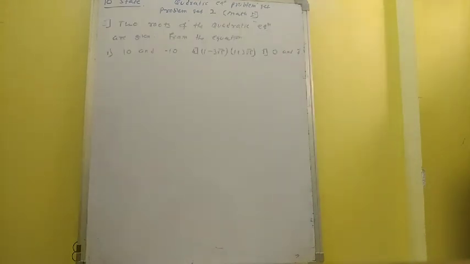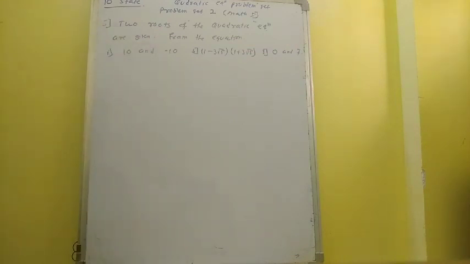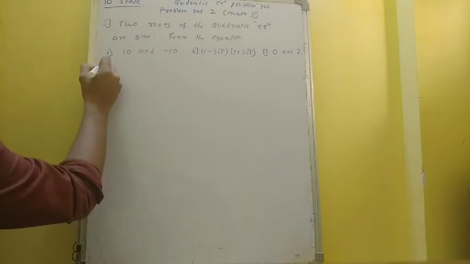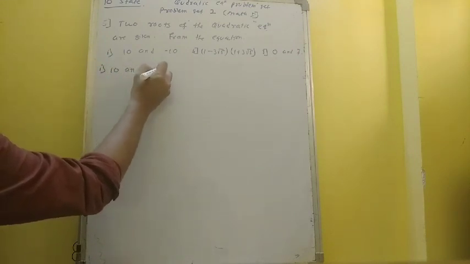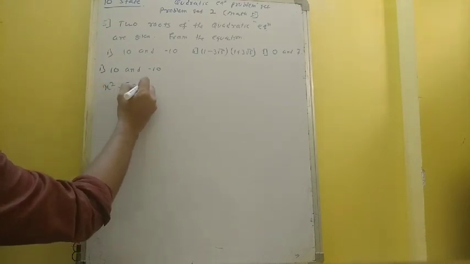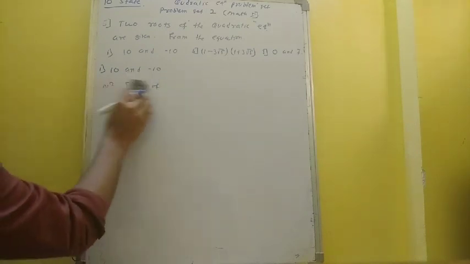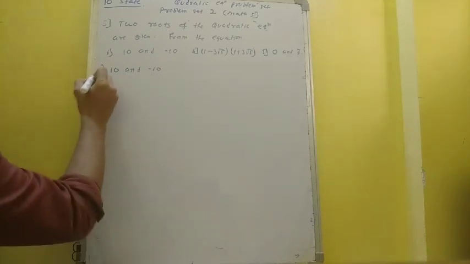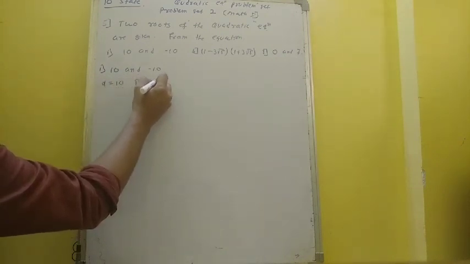Okay, in the fifth question, two roots of the quadratic equation are given and we need to just frame the quadratic equation. So what is the formula to frame the quadratic equation? The first one is 10 and minus 10. We have two roots, so we will take alpha is equal to 10 and beta is equal to minus 10.